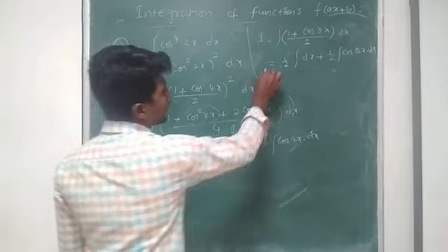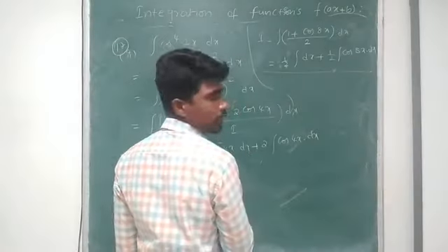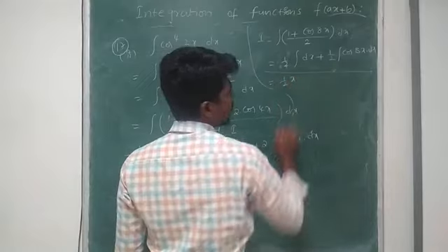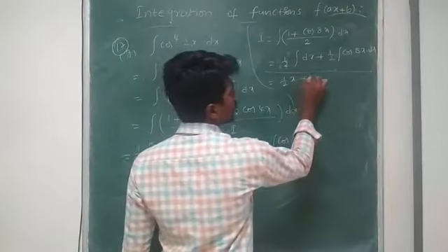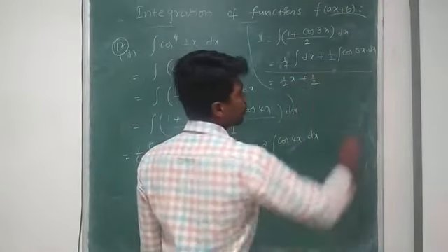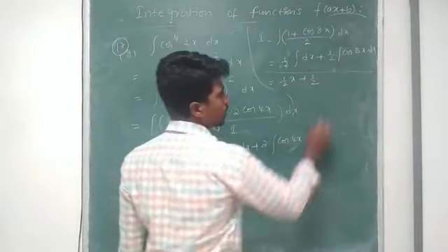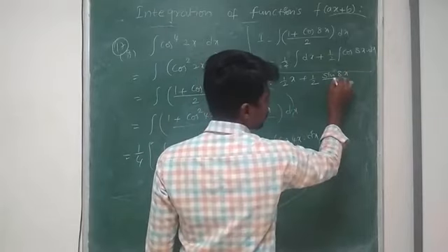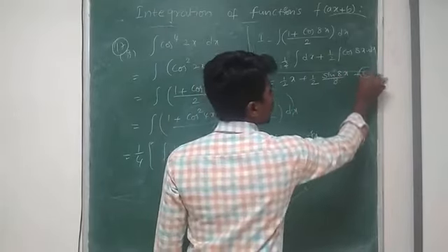After simplifying, I get 1 by 2 integral dx is x, plus 1 by 2 into the integral of cos 8x, which is equal to sin 8x by 8, plus a constant c.